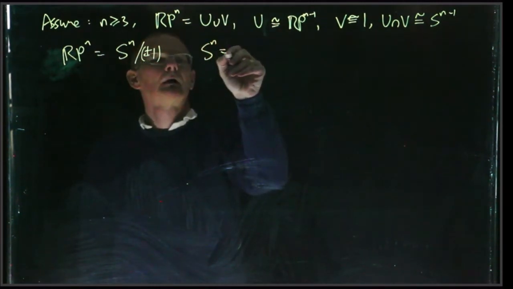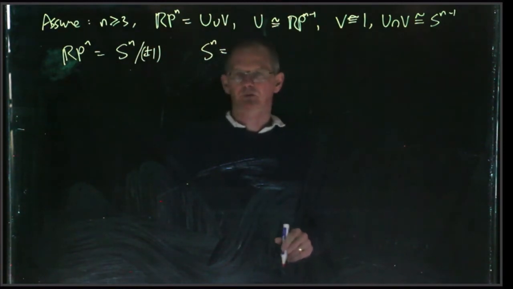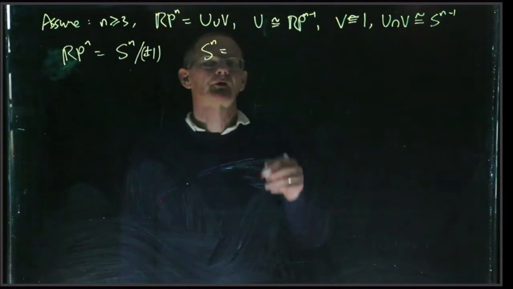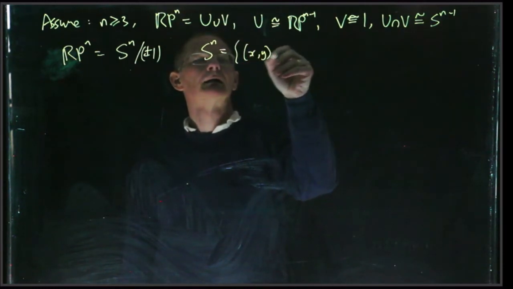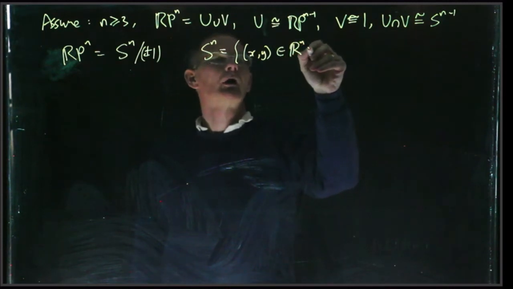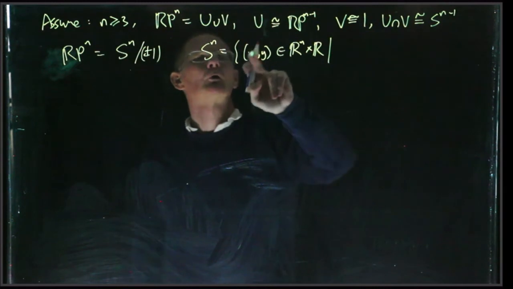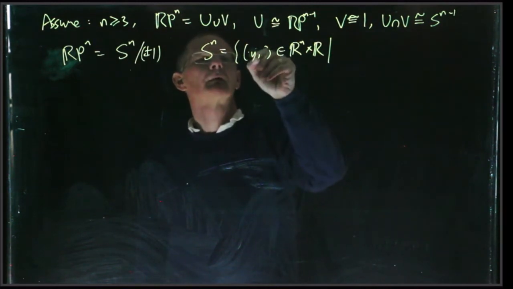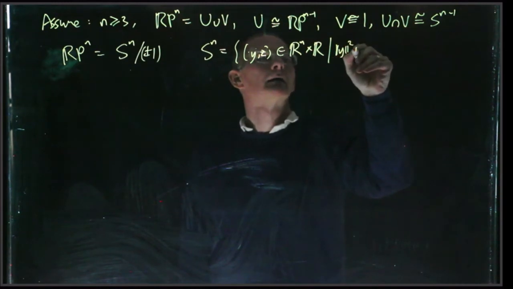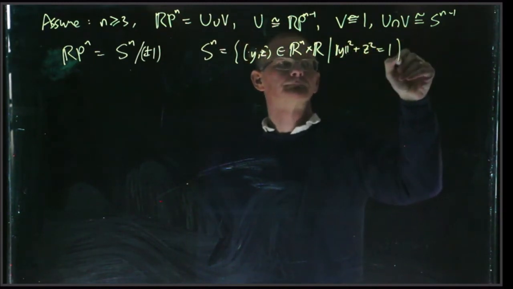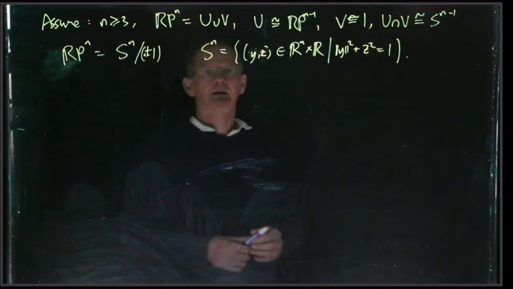S^n is the unit sphere in R^(n+1), which we're going to think of as R^n plus R. So we can think of this as the set of pairs (y, z) in R^n cross R, where the squared norm of y plus z squared is 1.